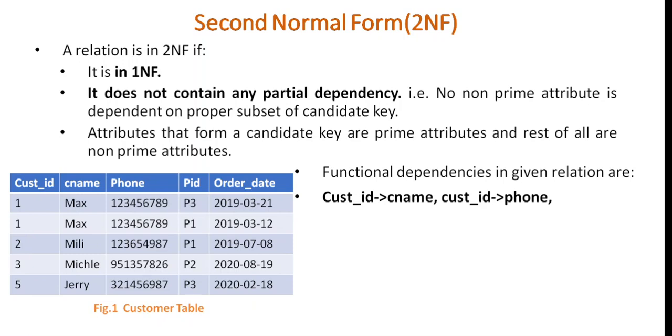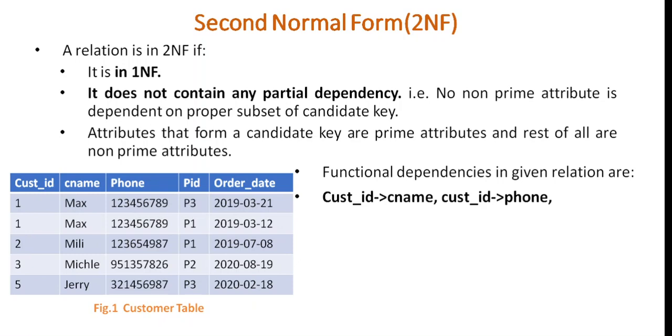When customer ID determines customer name, this is a functional dependency. It means that if the customer ID has the same value in 10 rows, then customer name will also have the same value in all 10 rows. Then only can we say there is a functional dependency between customer ID and customer name.